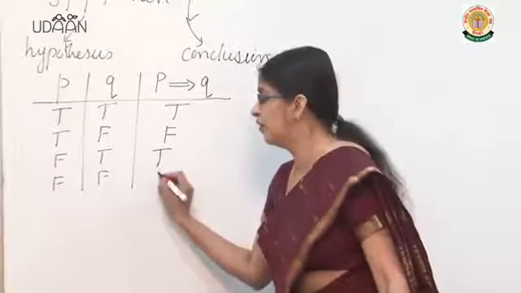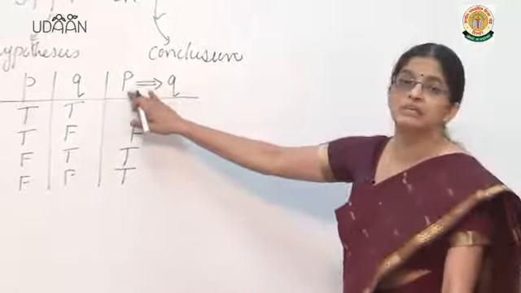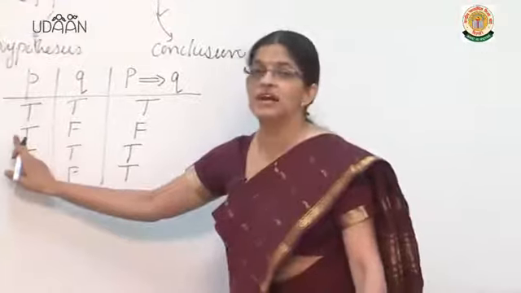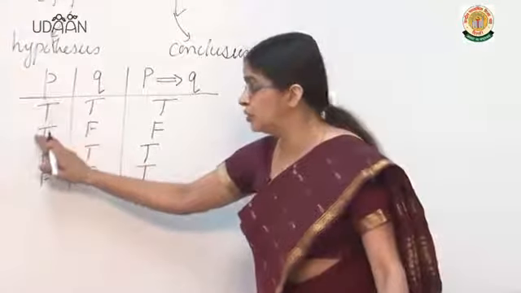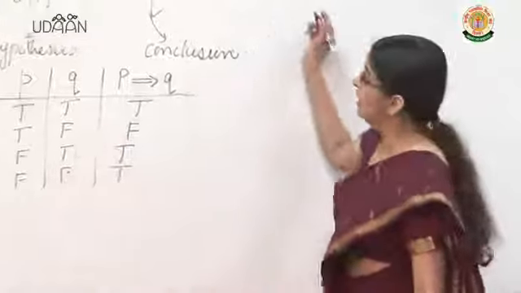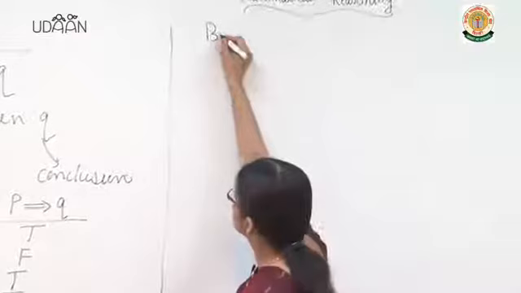False implies false is again true. That is, the conditional statement P implies Q is false only in one case, that is when true implies false. Proceeding to the next one, the biconditional statement.